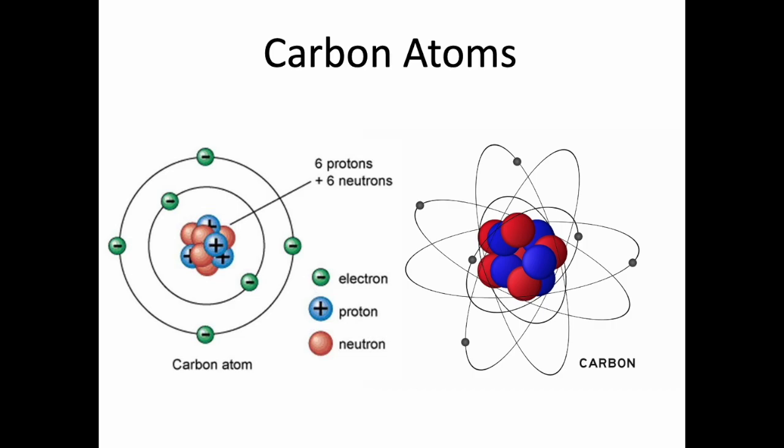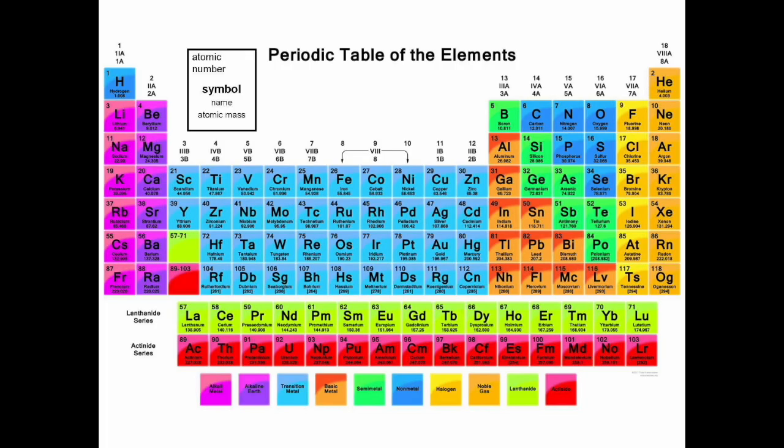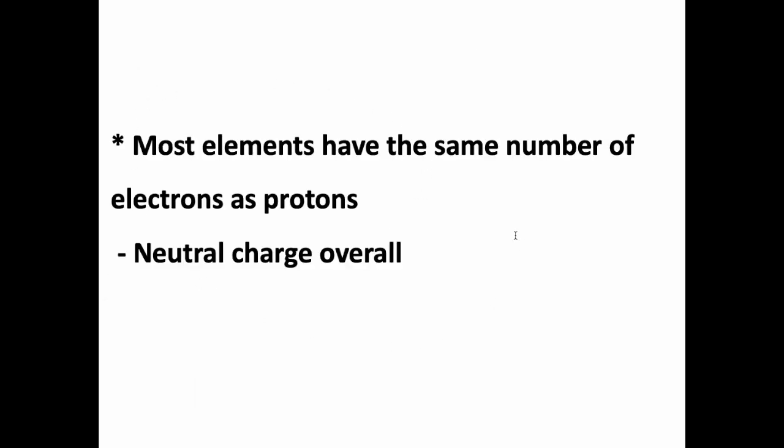There are exceptions, but many of the elements we are going to come across are going to have the same number of electrons as protons, the same amount of negative charge and positive charge, so they're going to cancel out, and this is not a charged atom. So most elements in biology have the same number of electrons as protons, giving them an overall neutral charge. Again, there are exceptions to this in the periodic table, but this is generally what we see in a lot of stuff that we care about in biology.